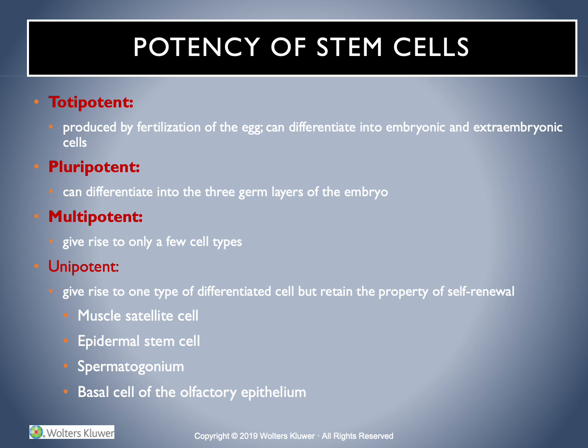This means they have the ability to differentiate into a limited number of cell types within their tissue or organ. An example of this is hematopoietic stem cells in the bone marrow. They can differentiate into various blood cell types, while neural stem cells in the brain can give rise to different types of neurons and glial cells.